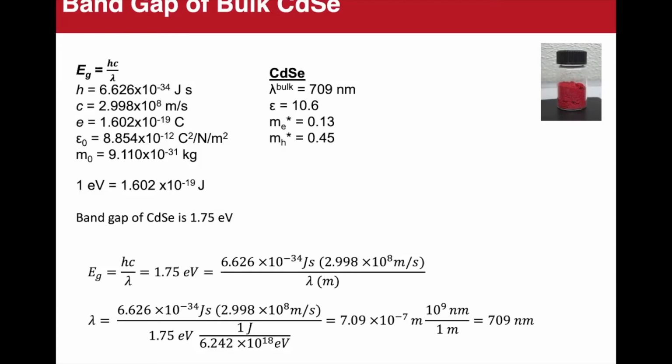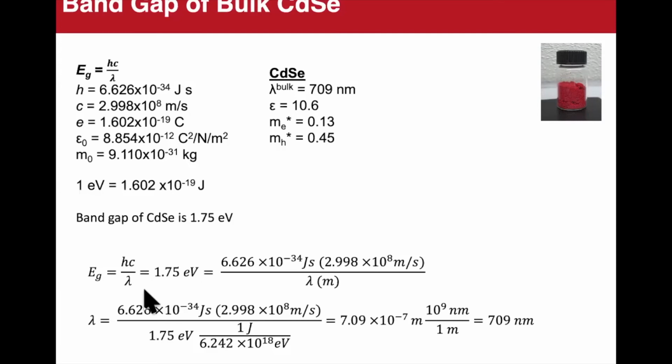Well, here we see that according to the CRC Handbook of Chemistry and Physics, the band gap of cadmium selenide is 1.75 electron volts. So we can calculate the wavelength of the photon by relating the band gap to Planck's constant times the speed of light divided by the wavelength.